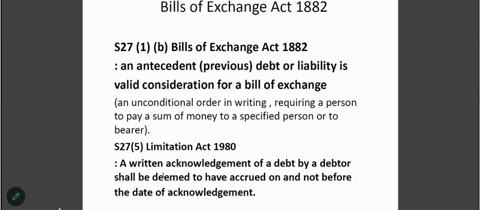A written acknowledgement of debt by the debtor should be deemed to have accrued on, and not before, the date of acknowledgement. That means long time ago you agreed on the price, then you owe me this much. Before the date you want to sue him, you ask him to come up with the so-called written debt statement.